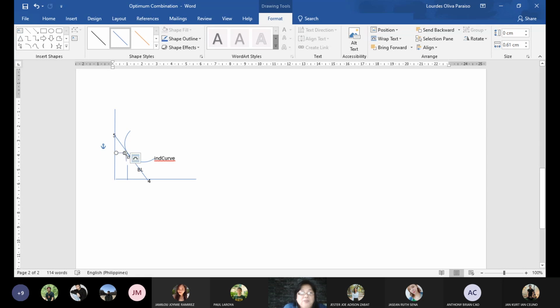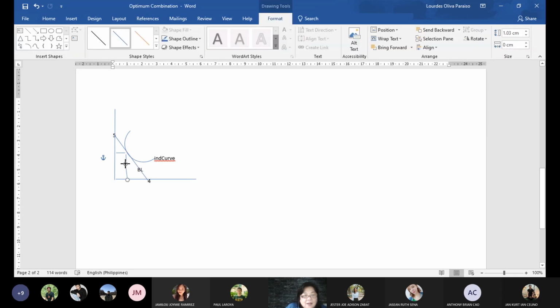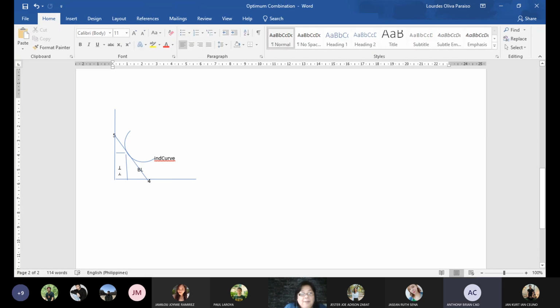Okay, assume that this is a perfect curve. Dapat magkadugtong. Ito, what does it mean? What does it mean by this space?